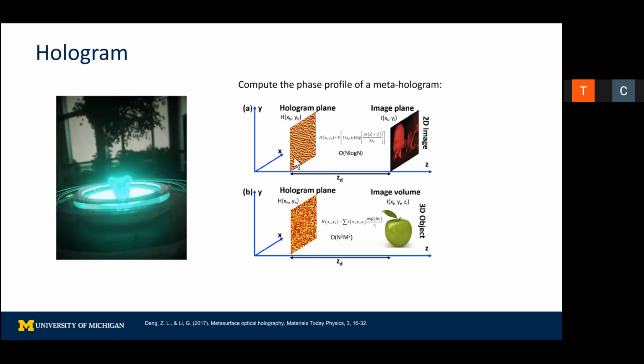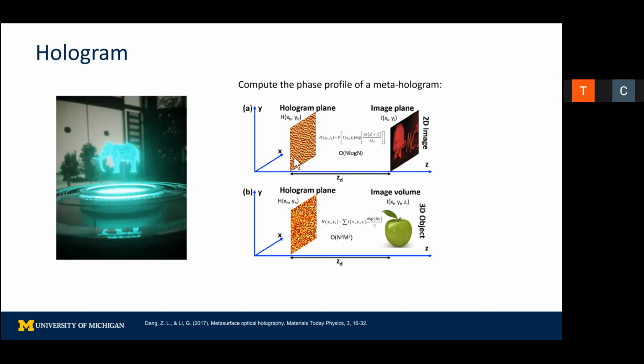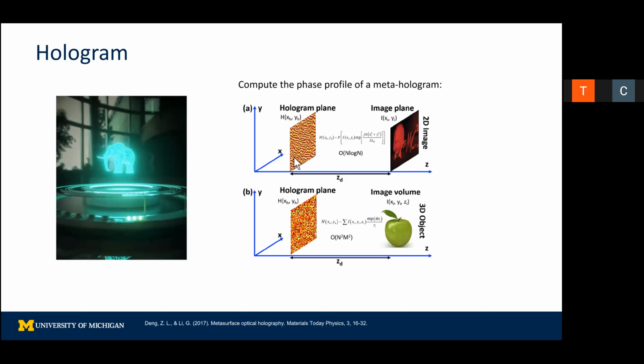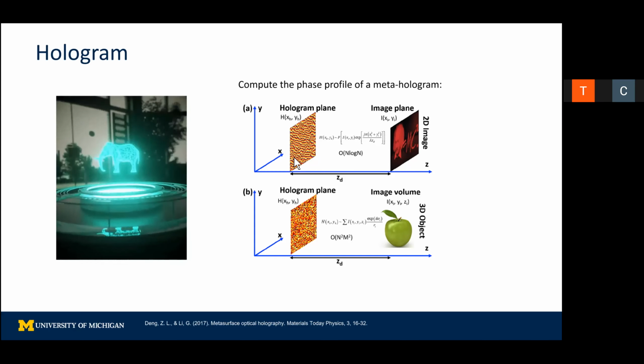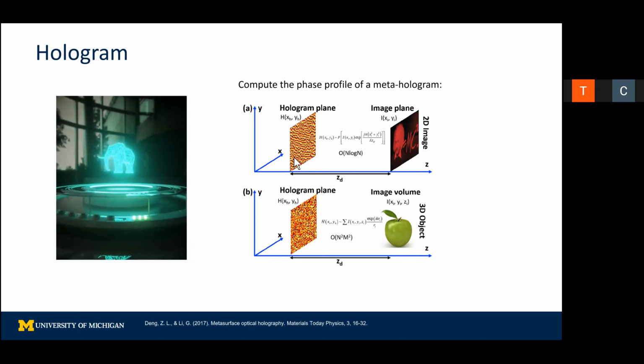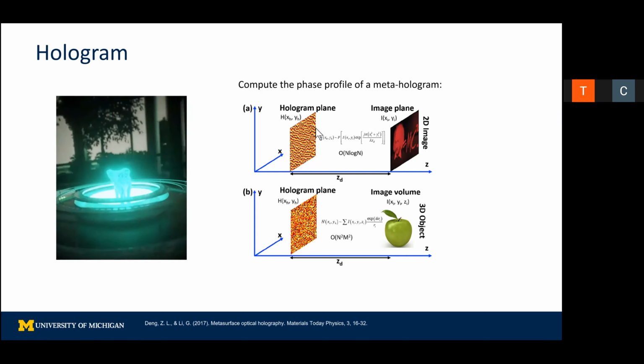And later, based on what I described before, if you have a phase distribution, you just put the structures in the coordinates corresponding to each phase, and boom, again you will have the hologram image.